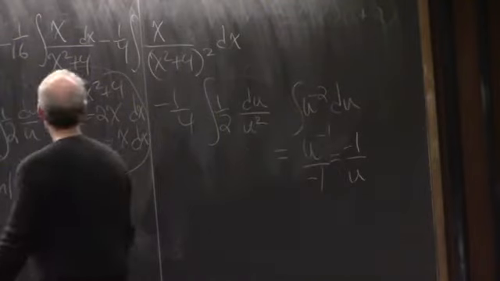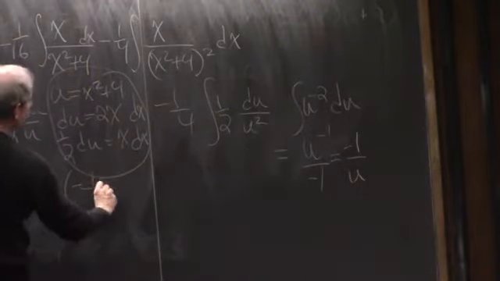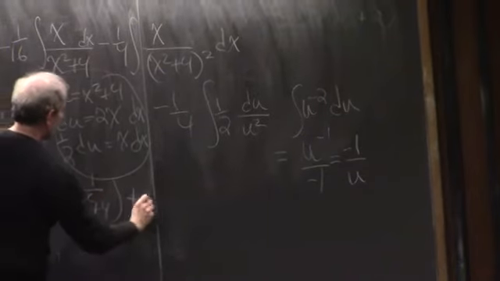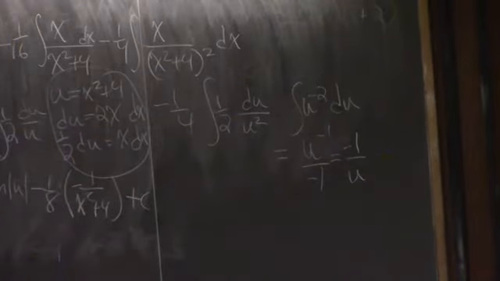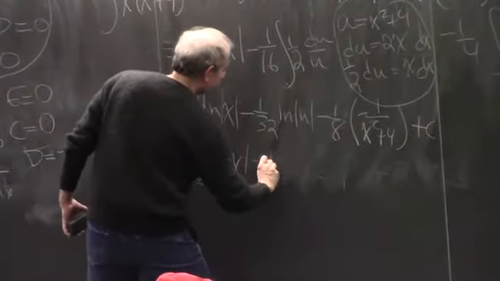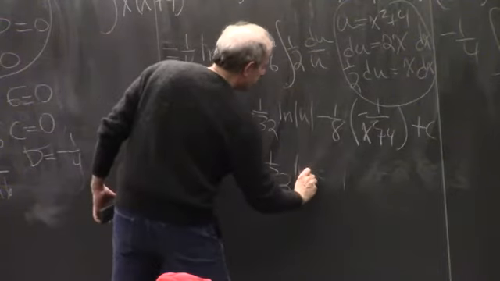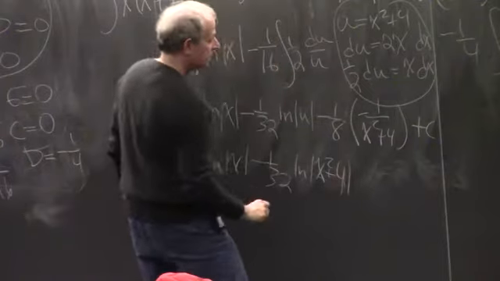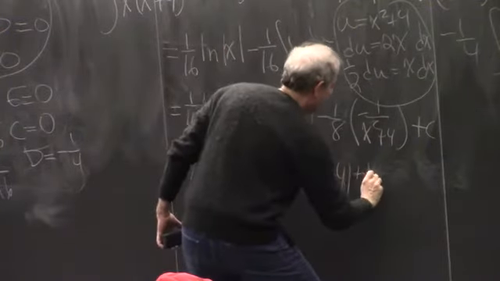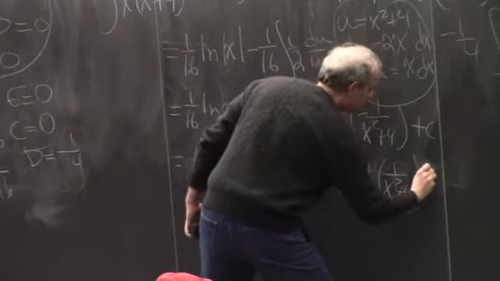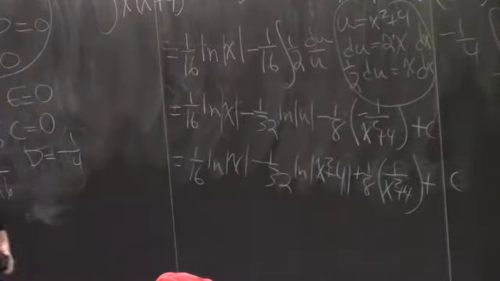So this becomes minus 1 over x squared plus 4 plus a constant. And then you substitute back for u, and you get 1/16 log of x minus 1/32 log of x squared plus 4 plus 1/8 times 1 over x squared plus 4 plus c.